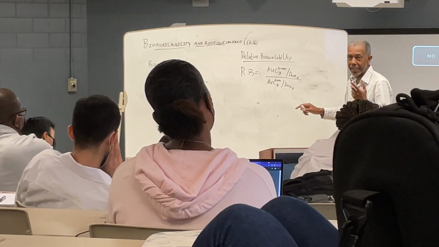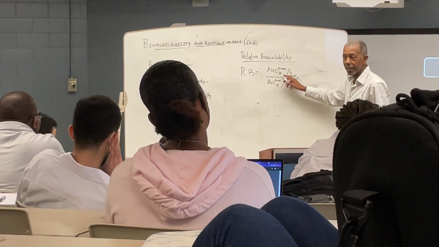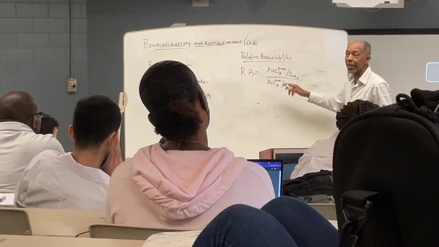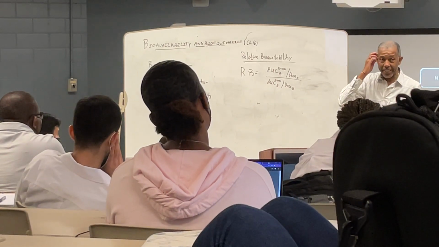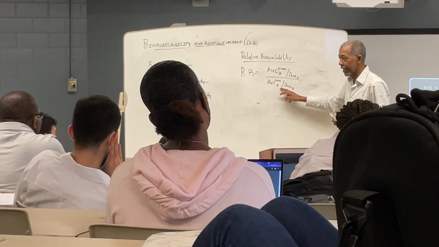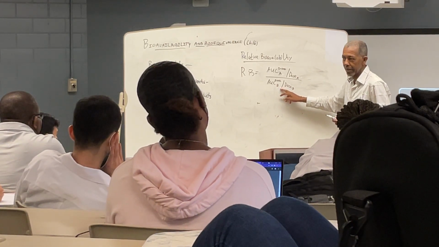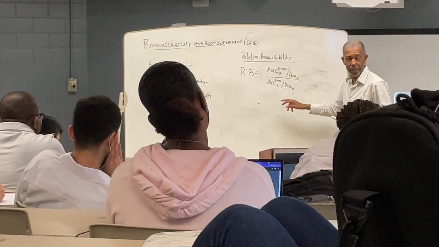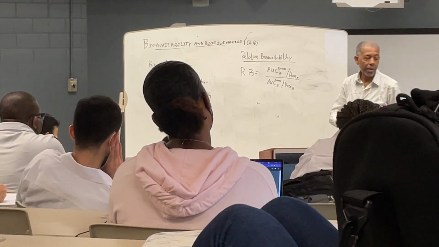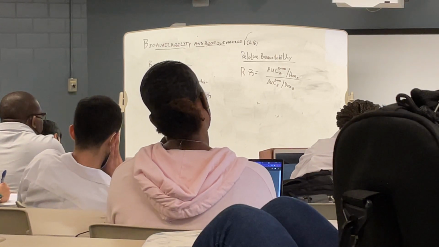If my test aspirin outperforms their aspirin, this is going to be a bigger ratio than 1, right? So relative bioavailability can exceed 100%. But now if we got a solution down here, the reference standard is highly unlikely to ever go above 100%. Does that make sense? But relative bioavailability can exceed 100%, depending on the reference standard.